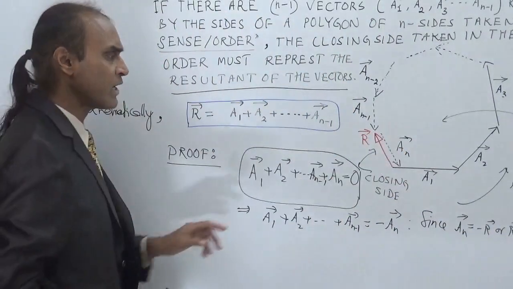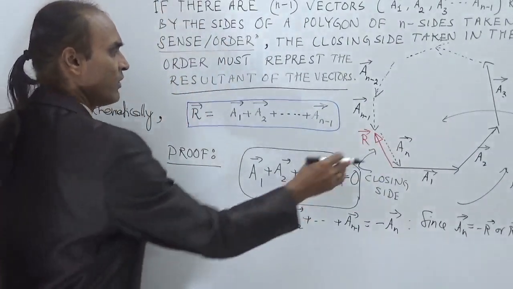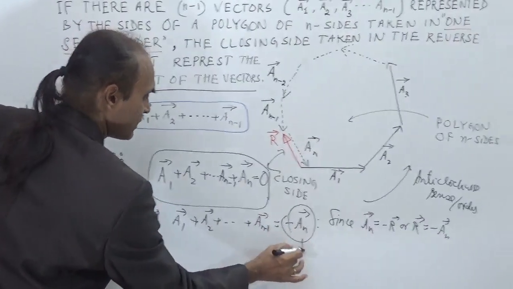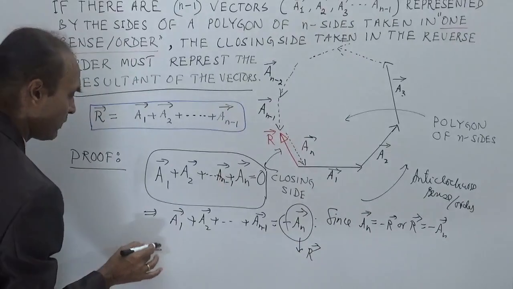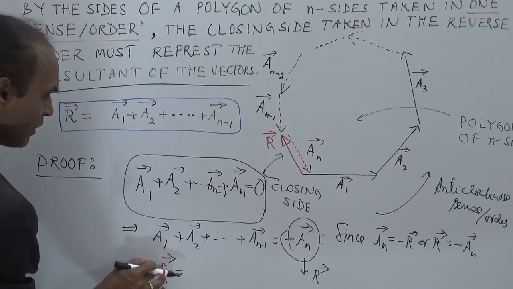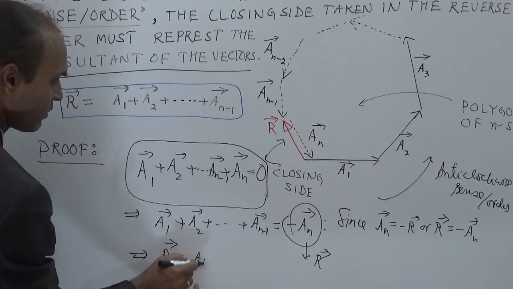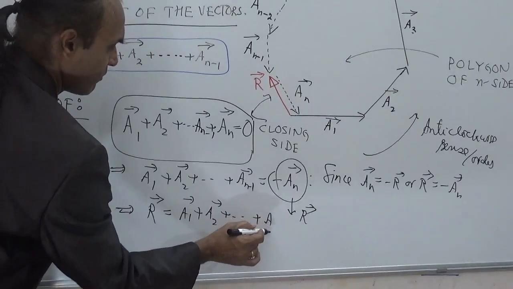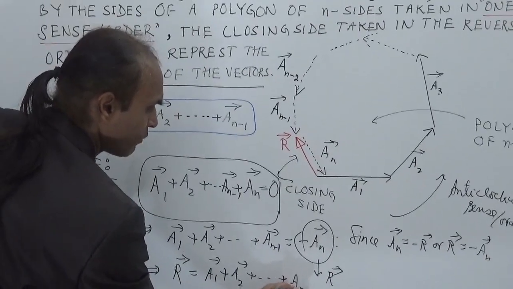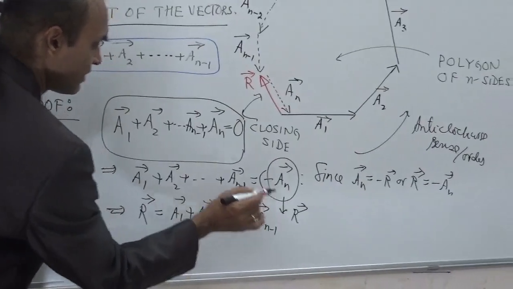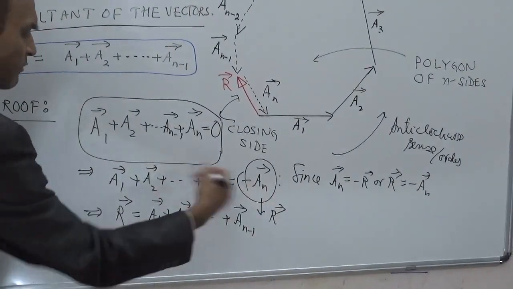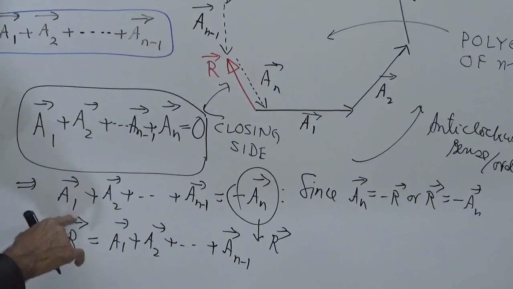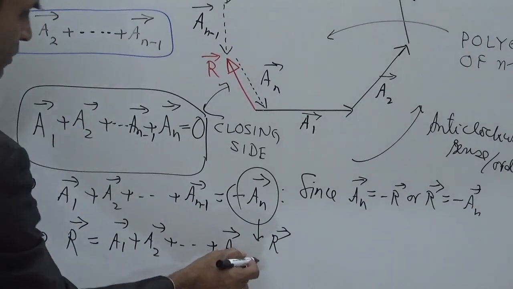These two vectors are equal in magnitude but oppositely directed. Therefore, they are negative vectors. So putting minus an as r vector, we have proved that yes, r is equal to the sum of all these vectors from first vector a1 to n minus 1th vector, addition of all these vectors or vector sum of all these vectors from 1 to n minus 1 is the resultant or net effect. This is proved.